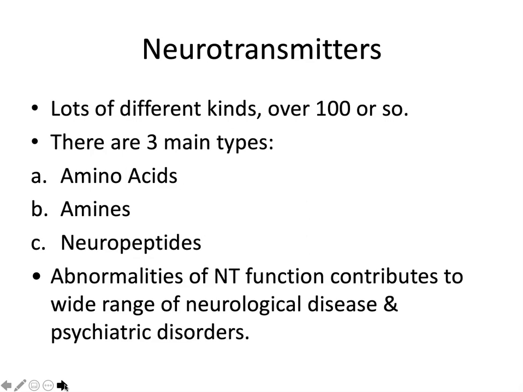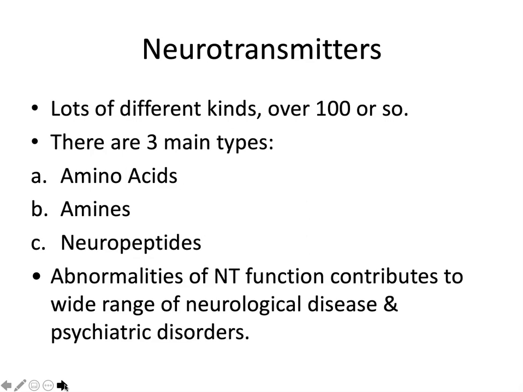I hope you keep in mind that there are over 100 different types of neurotransmitters that we know of, and there are still some that can be discovered over time or different permutations of them. When we do discover a new neurotransmitter, we place them into 3 different categories: amino acids, amines, and neuropeptides.